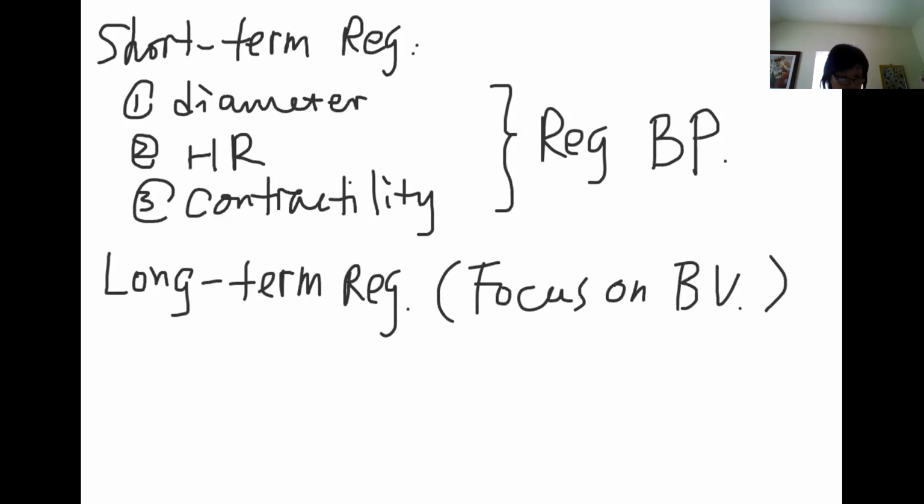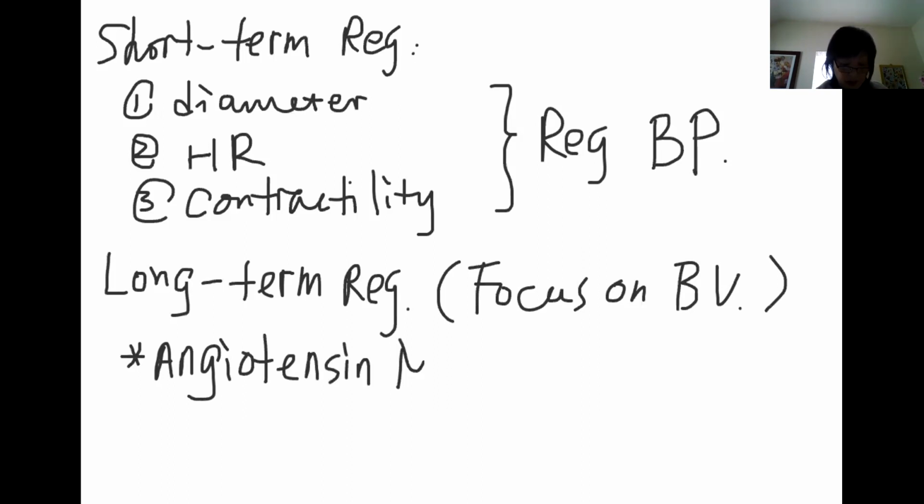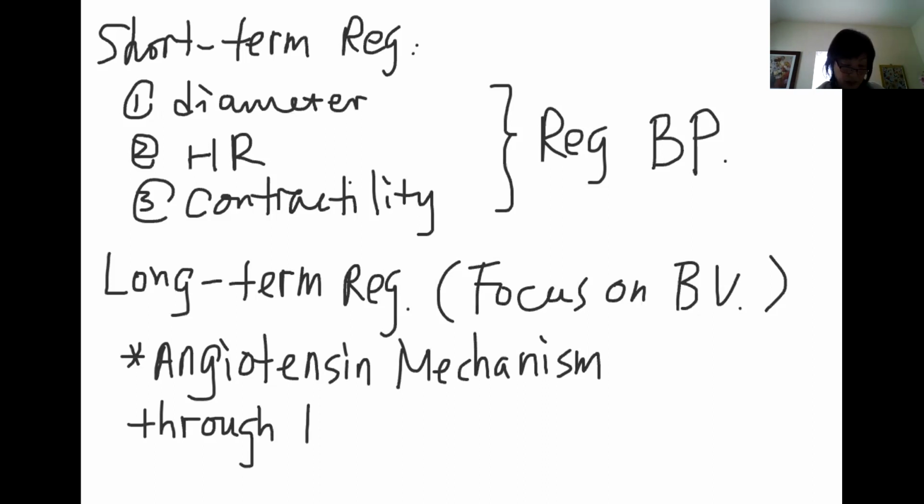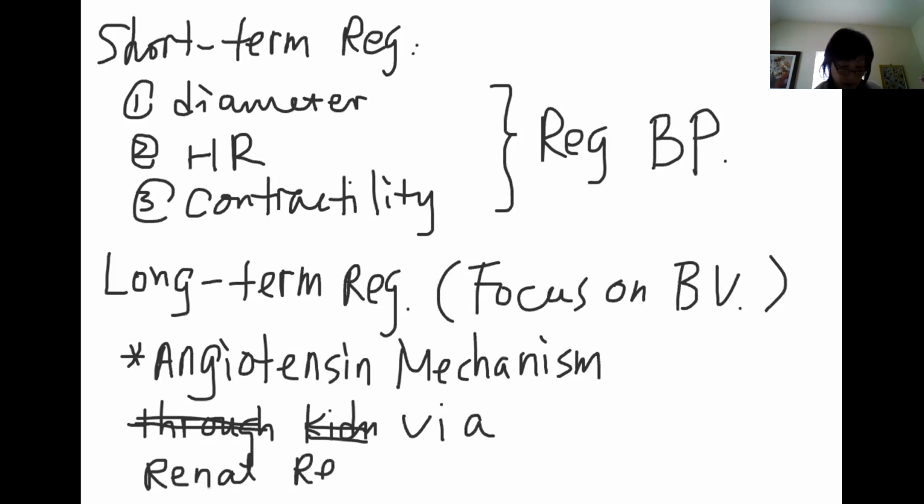So the main mechanism is called the angiotensin mechanism, through the kidney, via renal regulation. So that's long-term regulation.